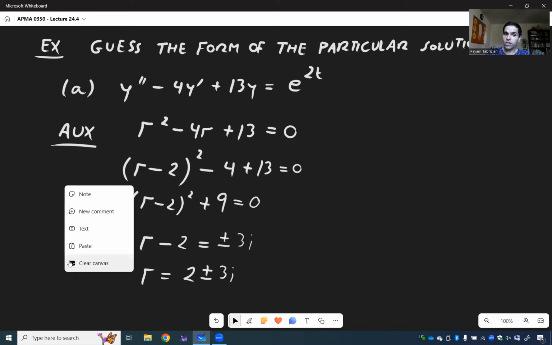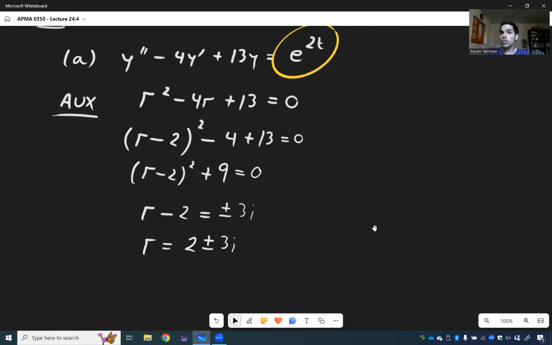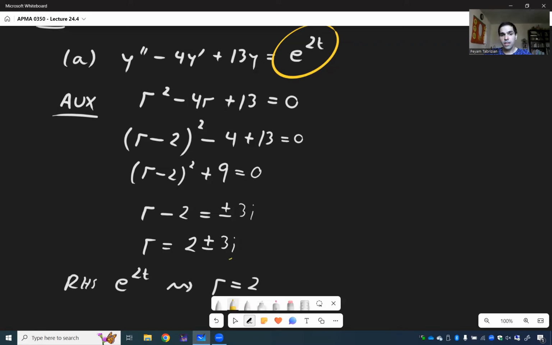And now let's look at the right-hand side, which is e to the 2t, and ask yourself, what root would give you e to the 2t? Well, it would be r equals 2. And again, important: if it coincides with the homogeneous root, it has to coincide exactly.